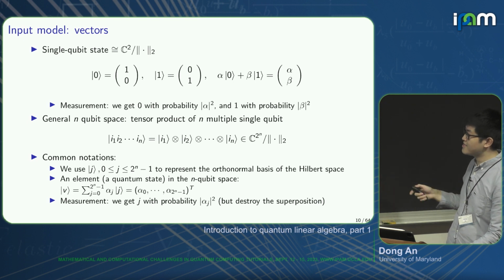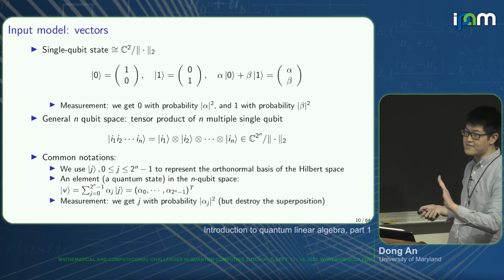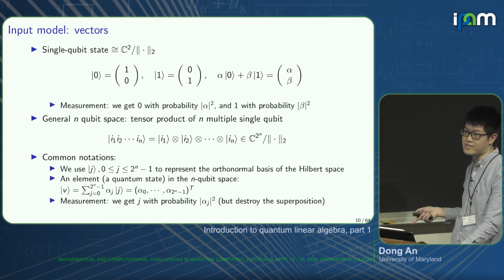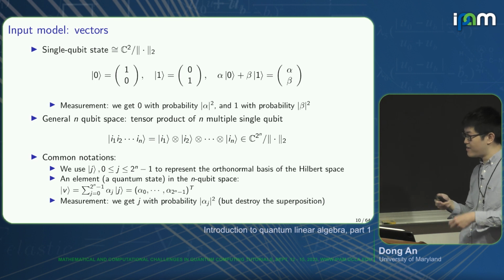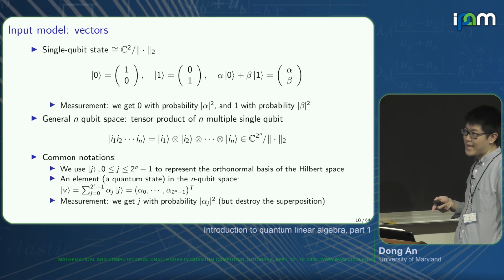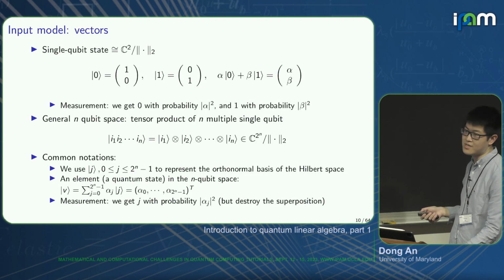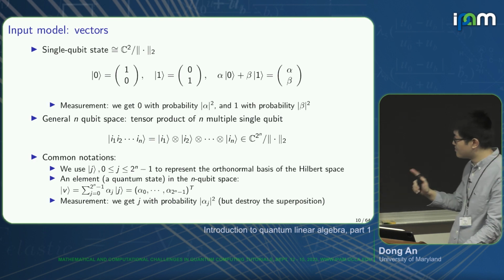Then the n qubit state is built by taking the tensor product among all these vectors. Using this tensor product, you get a 2 to the n dimensional vector. This is the reason why the quantum data structure can possibly have exponential speedup in terms of the dimension, because an n qubit state represents a 2 to the n dimensional vector.